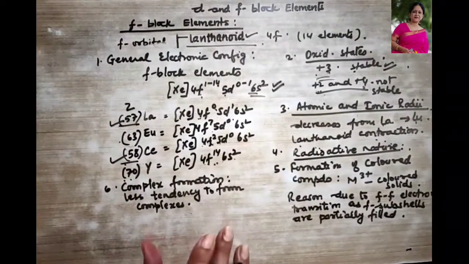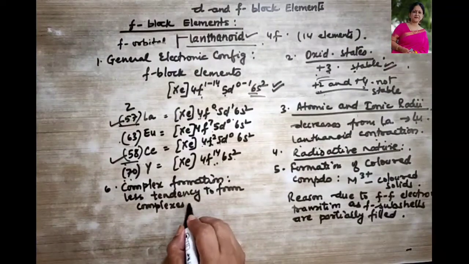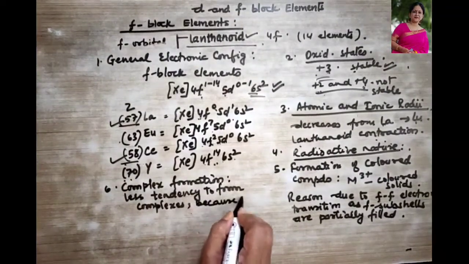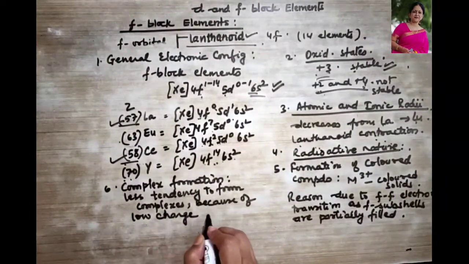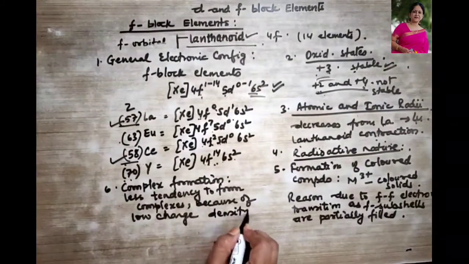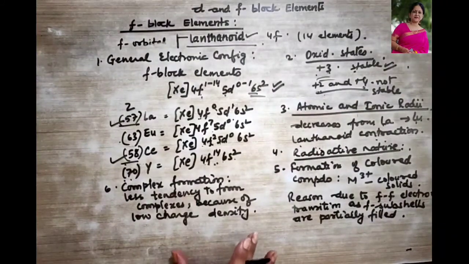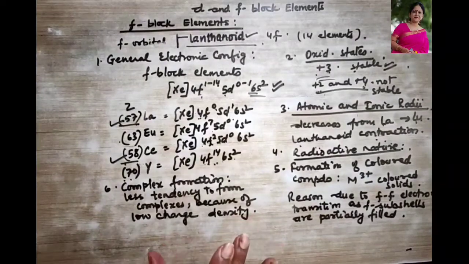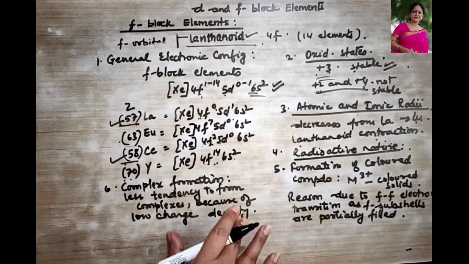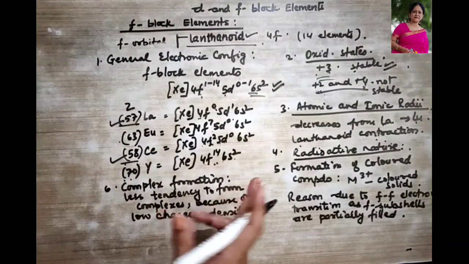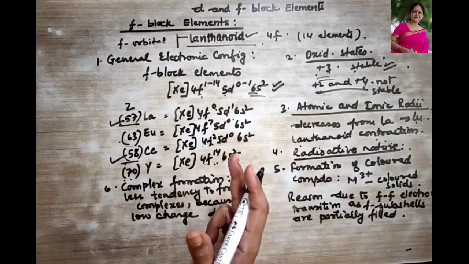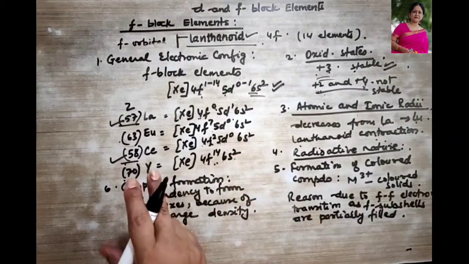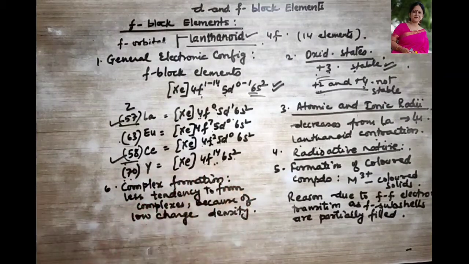This is because of the low charge density, that is, I am over here talking about the charge to size ratio. So they form complexes with strong chelating agents like EDTA or oximes, etc. No complexes with pi bonding ligands are known up till now.